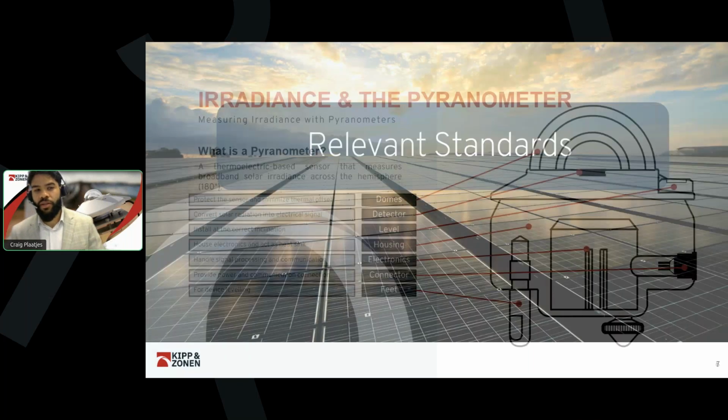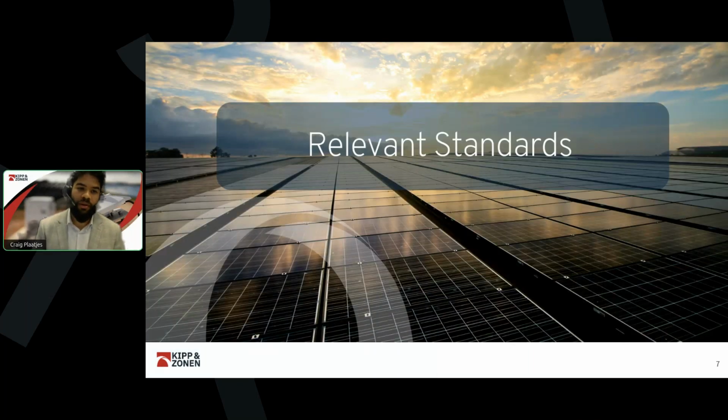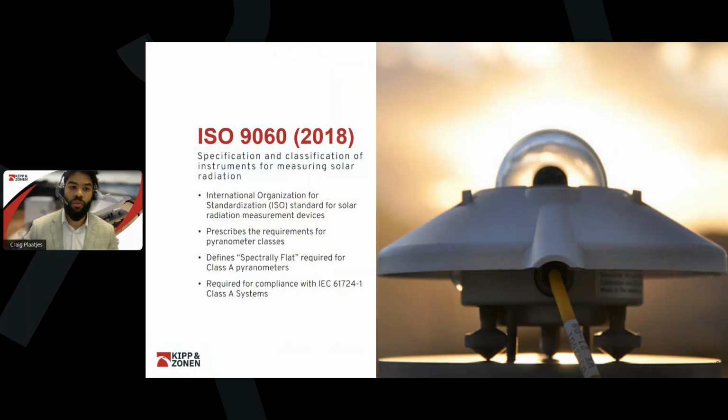And so, standards. Pyranometer design, pyranometer selection, and the use of pyranometers are governed by two main standards. One of them is the ISO 9060, and the other one is the IEC 61724-1. So ISO 9060 was first published in 1990, and it was most recently revised in 2018.